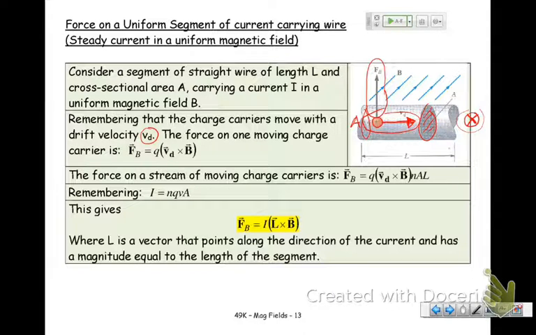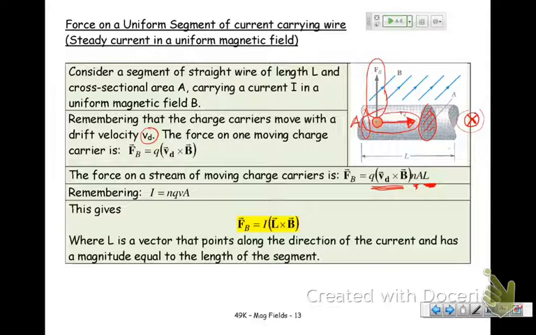For a stream of charge carriers, we have the force on one of them times how many of them there are. If we have N per unit volume and a certain volume AL, that's how many of them there are. And then remember that I is equal to NQVA. I did that in the last chapter or the chapter before.